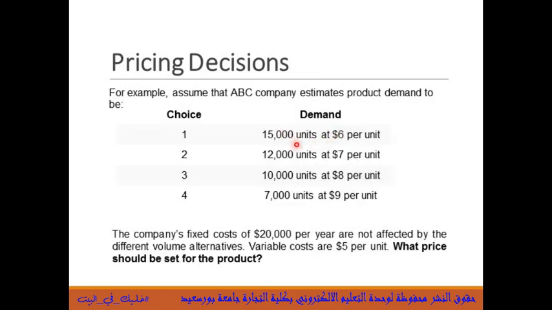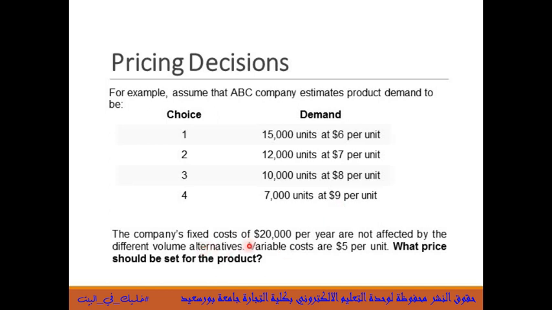ABC company estimates product demand to be 15,000 units at $6 selling price per unit, 12,000 units at $7 selling price per unit, 10,000 units at $8 selling price per unit, and 7,000 units at $9 selling price per unit.